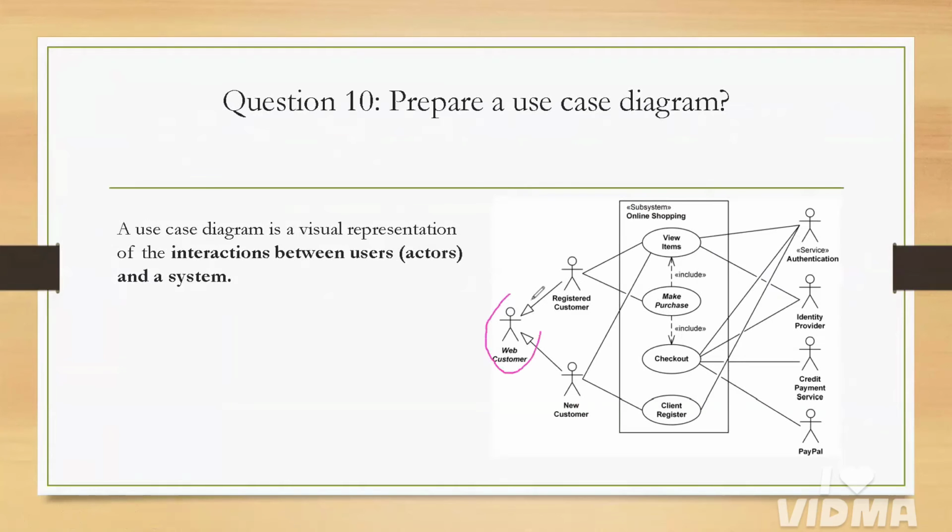These are the actors, this oval shape we call use cases, and this rectangle is called the system boundary. These connections are the relationships, connected between the actors and use cases, and these are the include relationships given between the use cases.